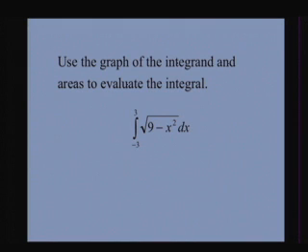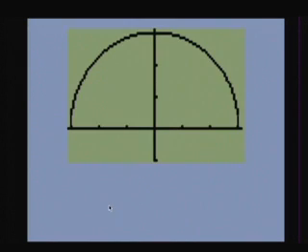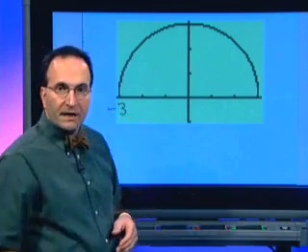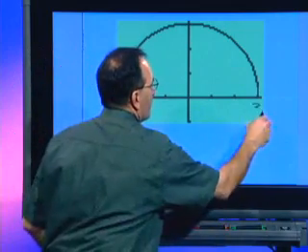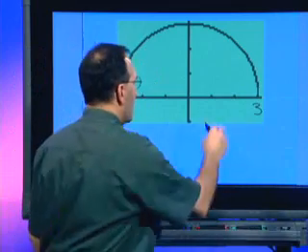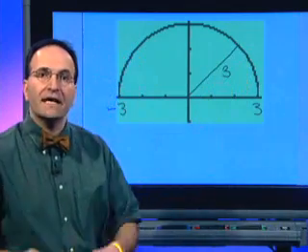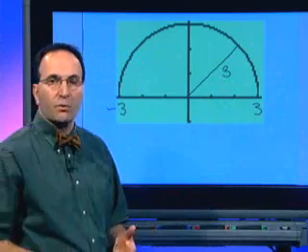We were told to use the graph of this, which of course is the upper half of the circle. So what we're looking for is the area of this semicircle. We know that this endpoint is negative 3, and we know this endpoint is 3, which means we know that the radius is 3. So to find the area of a circle, it's pi r squared.